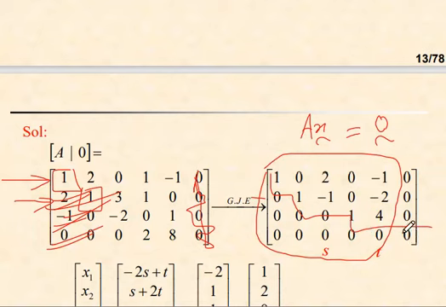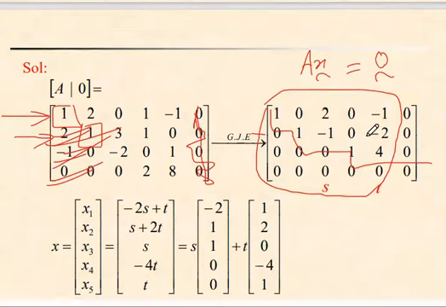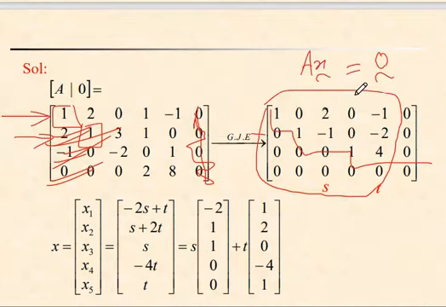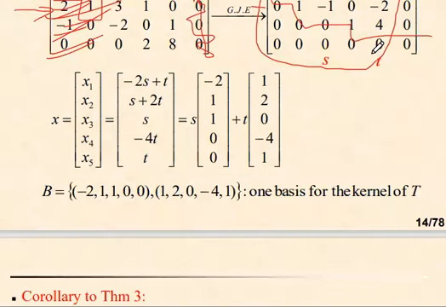Now you can find solutions to this linear system. I think you are able to do this, right? So you will get these two base elements. These are linearly independent base elements of the solution set of this homogeneous system.